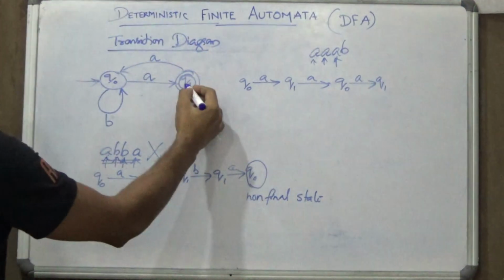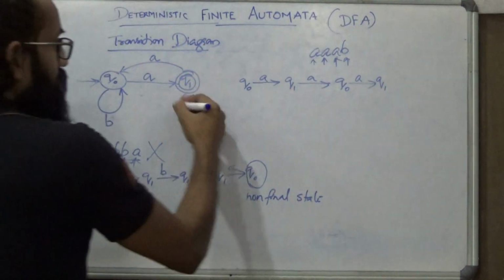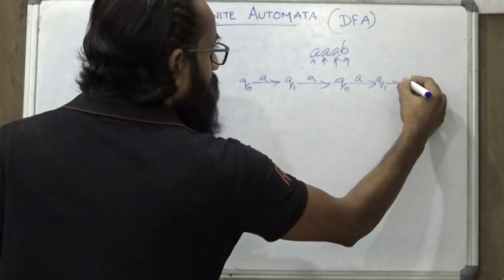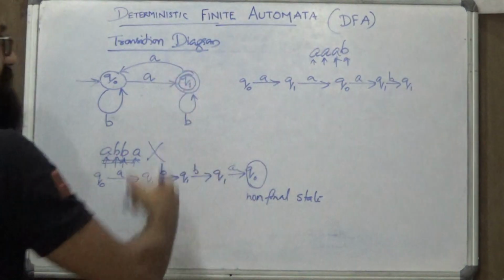Now from Q1 the next input encountered is B, so it will remain in the same state.